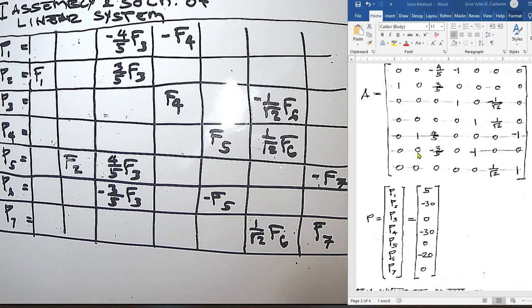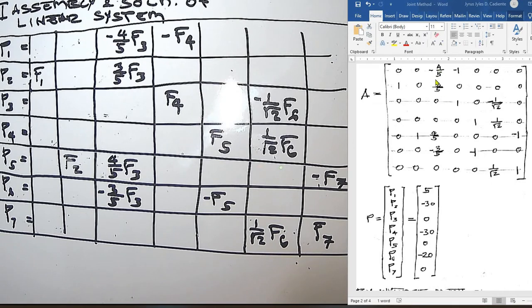Going to the second column, lahat yan. So, copy mo lang yung mga constants. So, we have 0, 0, 0, 0, and then 1 here. Okay? Dahil merong 1 yan. Then, 0, 0. Ito siya. Okay? Now, for the third column, you just copy the constants of your third column here. Okay? So, we have negative 4/5 and then 3/5.